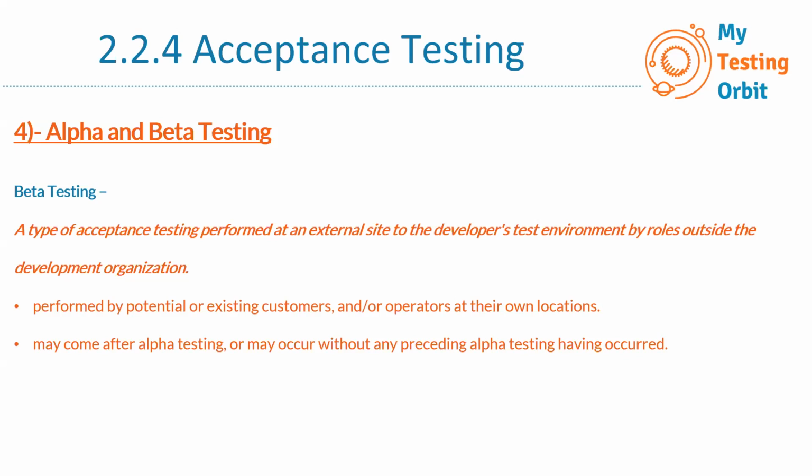Because before that, everyone has been testing it within the environments which were set up within the organization. So now beta testing is done outside the organization by the actual users, and it can be an ongoing activity as well. So for example, if there is a new mobile app which is being launched, there can be different ways of doing beta testing.